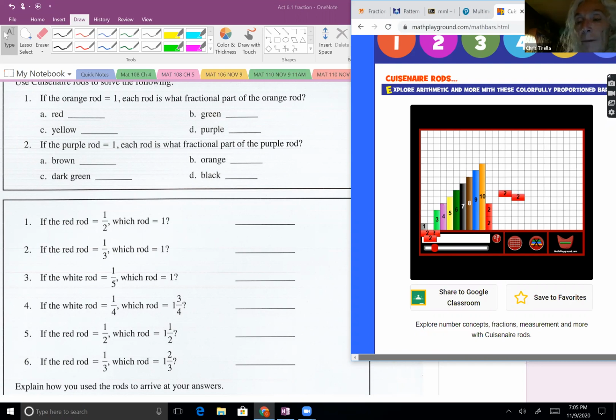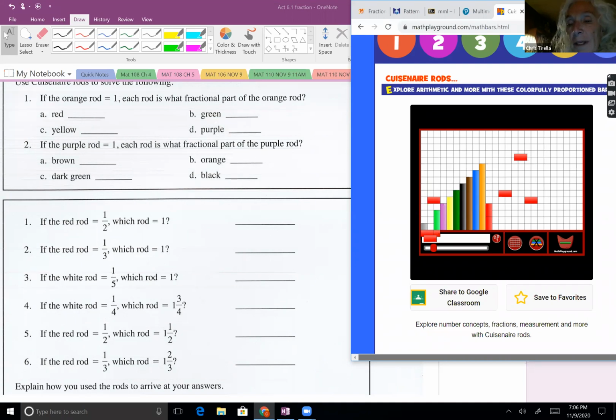I've got to figure out how to rotate these. How many reds would it take to, does anybody know how to rotate these guys?